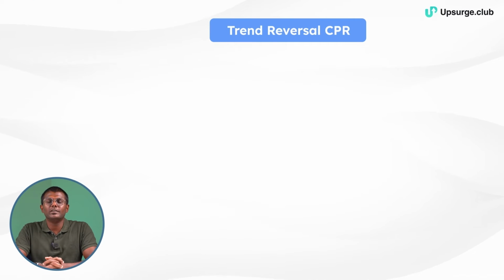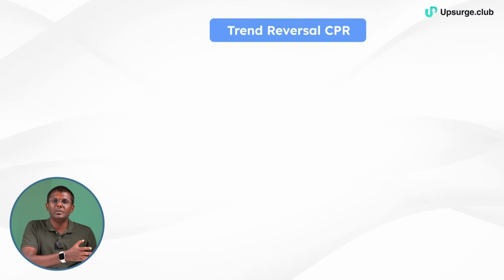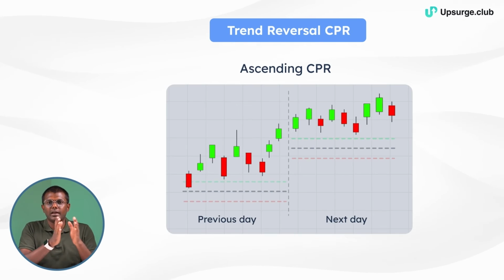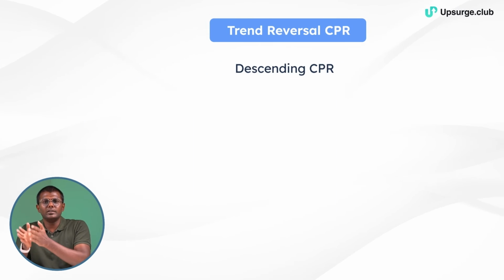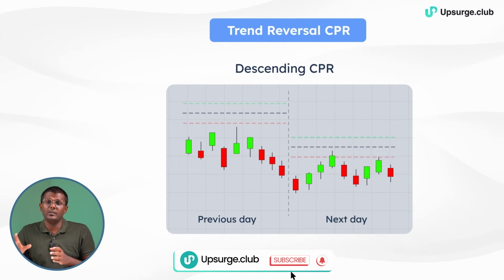Now let's look at the seventh type, trend reversal CPR. Earlier we discussed ascending CPR and descending CPR. On an ascending CPR, the candles should trade only above daily CPR. On the other hand, on a descending CPR, the candles should trade only below daily CPR.